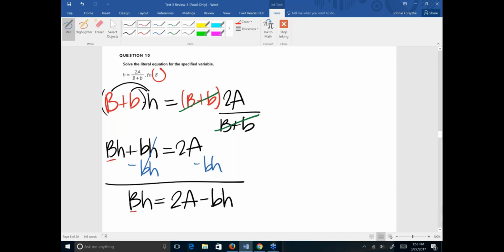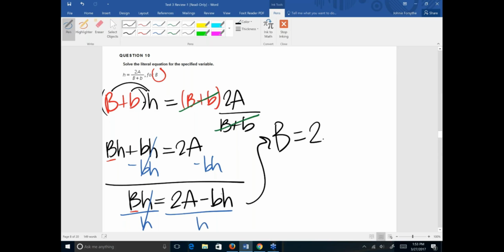And then again, I'm solving for big B, so we're going to divide by little h, divide by little h. So that will cancel out, and all I will have left is big B. Then I have big B equals 2a minus little b times h, divided by little h.